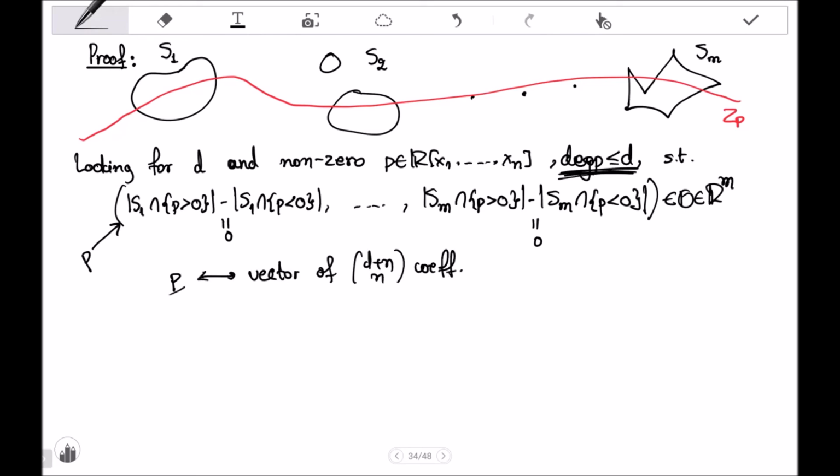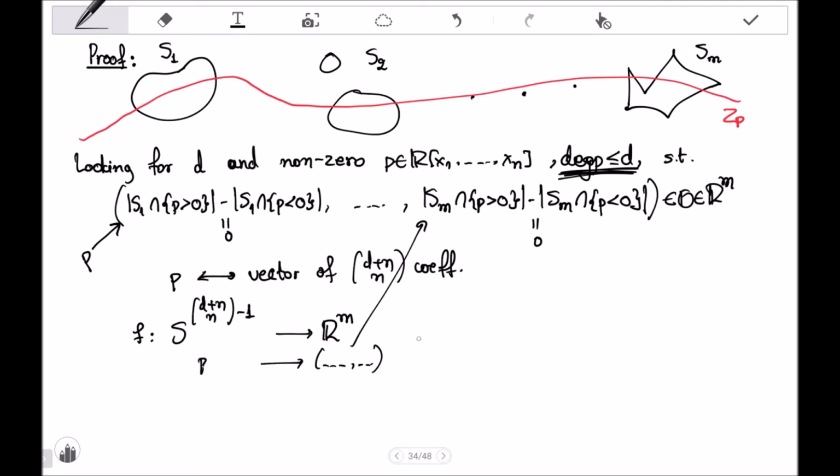And the length of a polynomial would just be the Euclidean length of this vector, the square root of the sum of squares of coordinates. So what I'll do is define a map from the sphere of the space of polynomials of degree at most d into R^m that will take any polynomial to this m-tuple that I had right here.